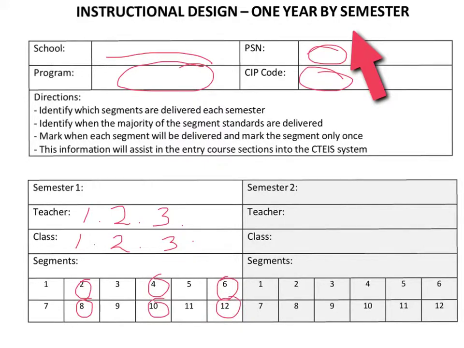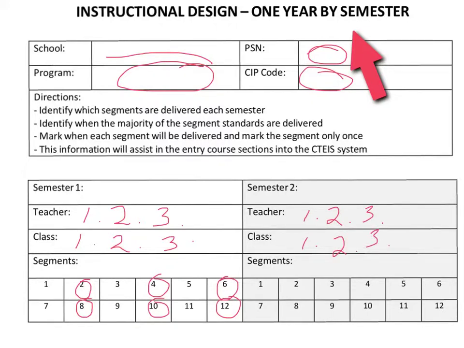Semester 2 actually has 3 different teachers that are teaching the second part of the program. So those teachers' names would go in here, and their class names would go in here.